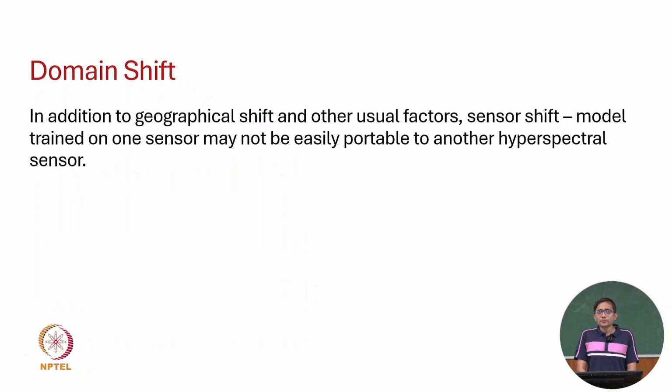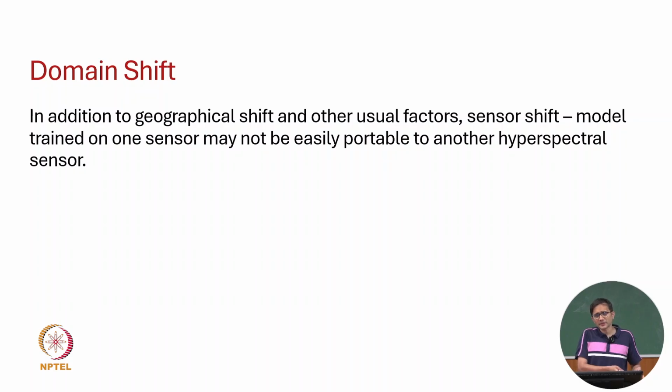One very important aspect that might have been already clear to you by now is that when we are working with hyperspectral images, it's not just the geographical shift or seasonal shift that we are facing. Geographical shift and seasonal shift cause domain shift when we are working with multispectral images, and that often causes a challenge when we have trained a model on a particular dataset.